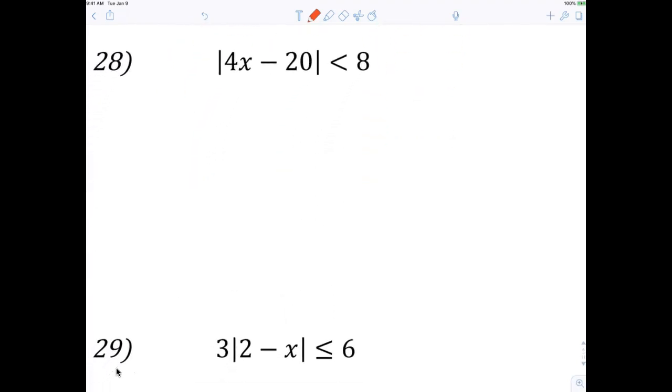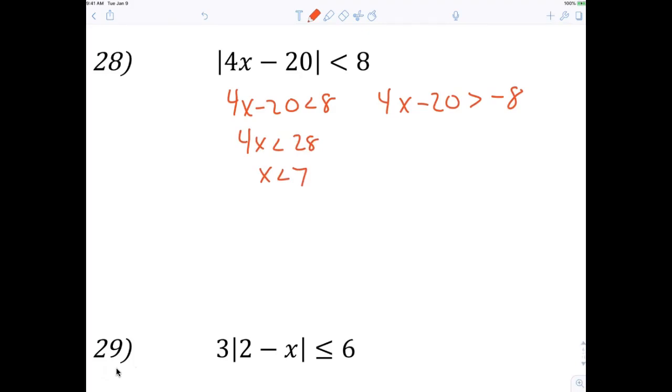Number 28, 4x minus 20 is less than 8. Remember, 2 problems. 4x minus 20 less than 8, and 4x minus 20 greater than negative 8. 4x less than 28, so x is less than 7. 4x is greater than 12, and x is greater than 3.